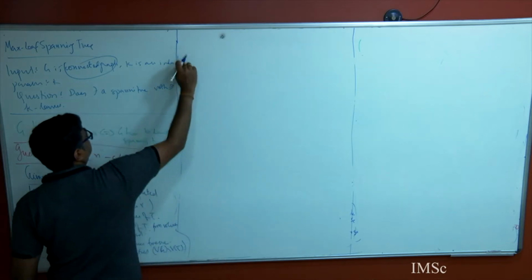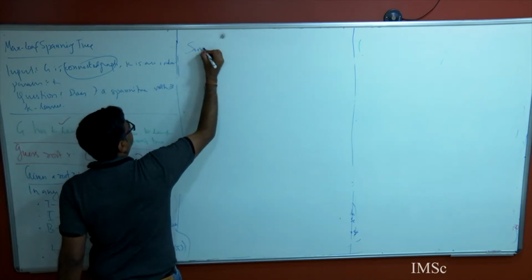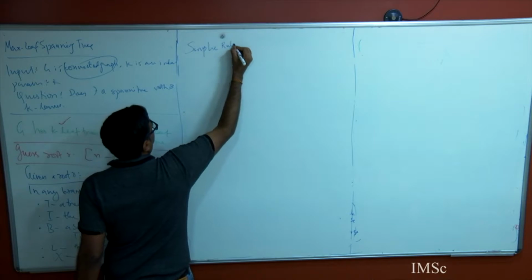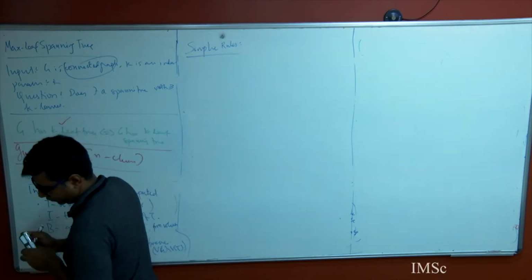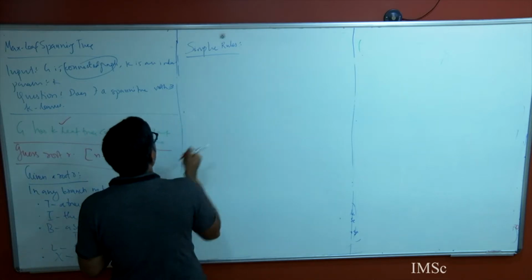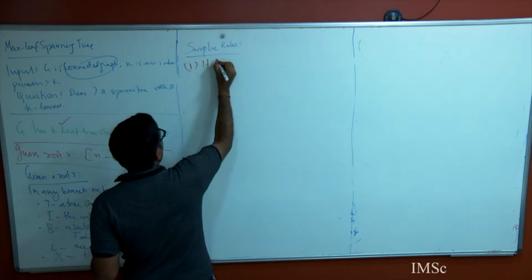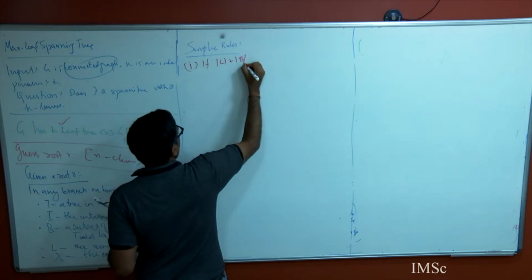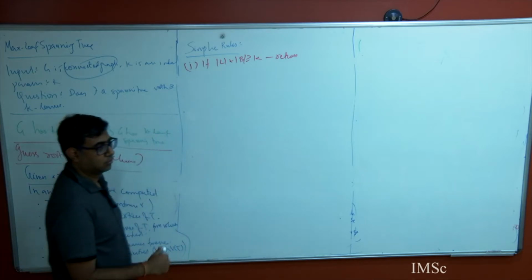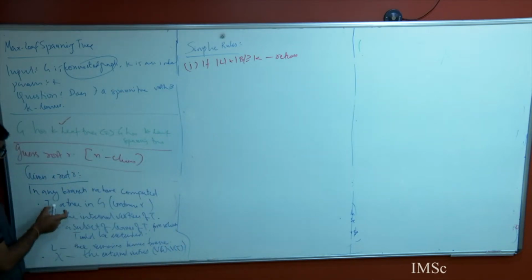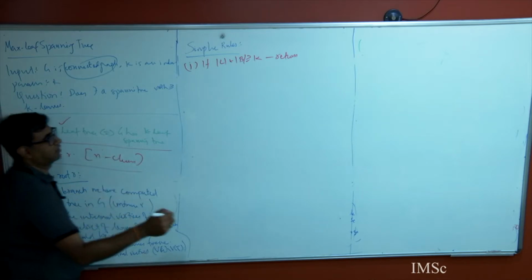So we have some simple rules. At any point of time, if |L| plus |B| is more than K, then I have got a tree with K leaves, and because of this I can just say yes.